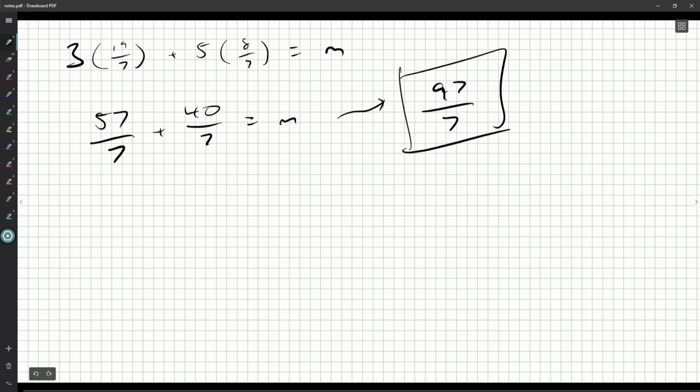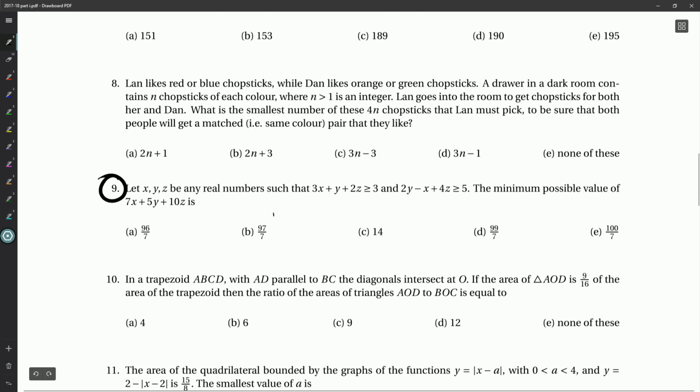But that should be our answer. Of course, the question is whether we can find an x, y, and z that do this, and we should be able to. You'll notice our answer, B, is present. You could tell we were on the right track with all those 7s, because most of these divide evenly by 7, and this one here is just 98 over 7.